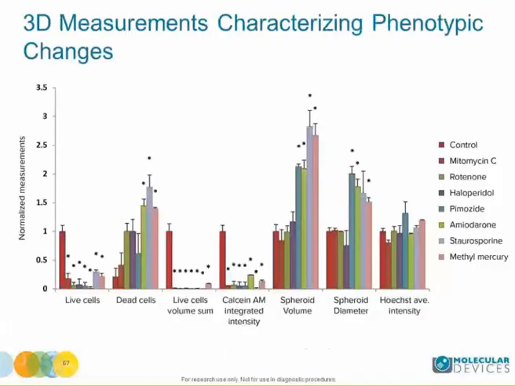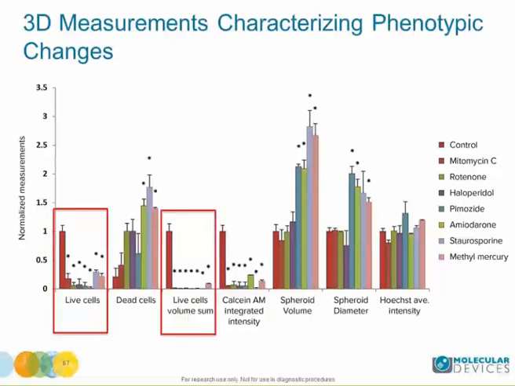You can measure different kinds of phenotypic changes, including a decrease in the number of live cells, a decrease in the volume of live cells, and also the intensity of calcein staining.